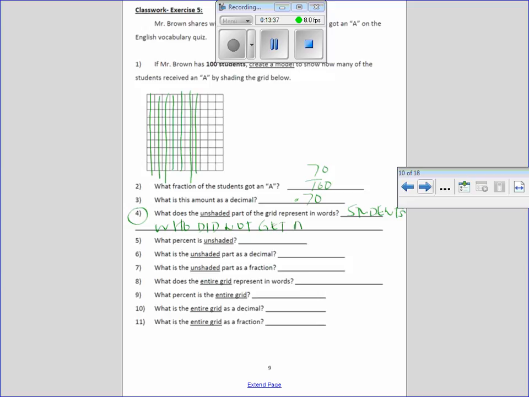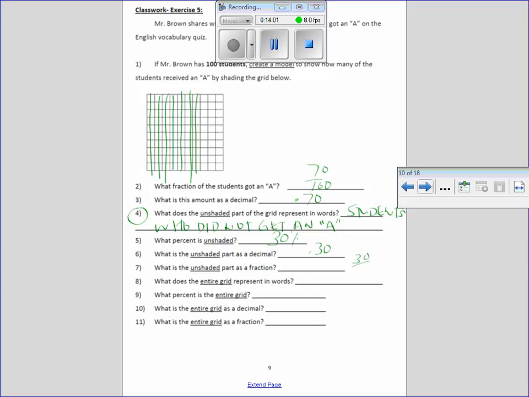No, it would be the students that did not get an A. I thought it said did, but did not get an A is 30%. That's 0.30. It's a fraction. I don't have a lot of room here, but I'll squeeze it in over here. Plus I'm on full screen.